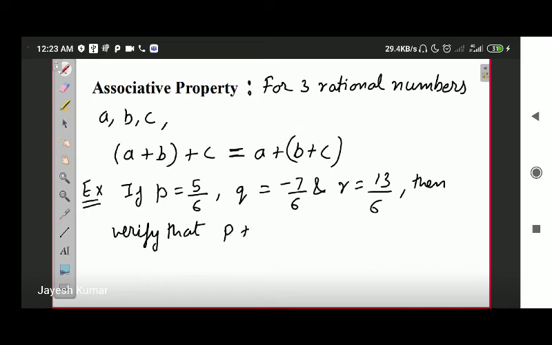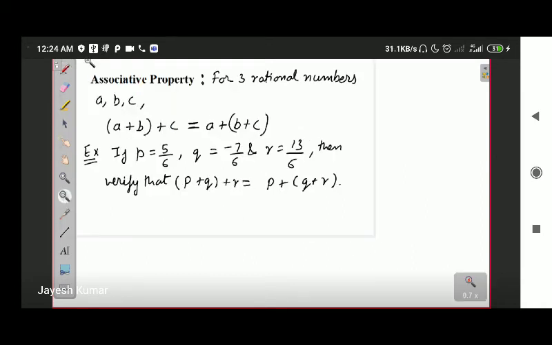P plus Q in the bracket plus R is equals to P plus Q plus R. So once again we have to prove that LHS and RHS are equal. Fine. So let's start with the LHS part. Solution. LHS.